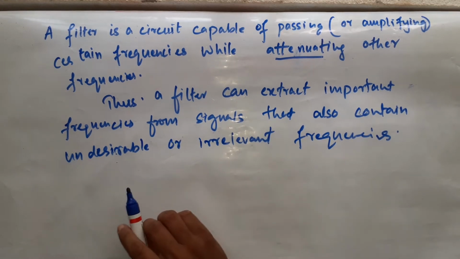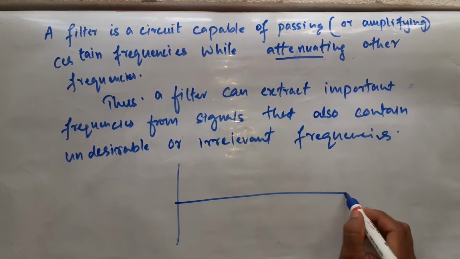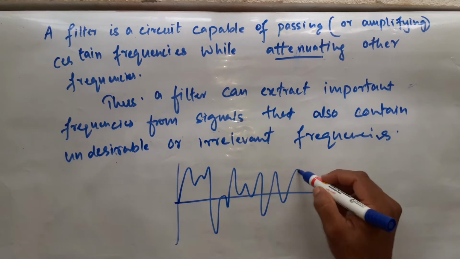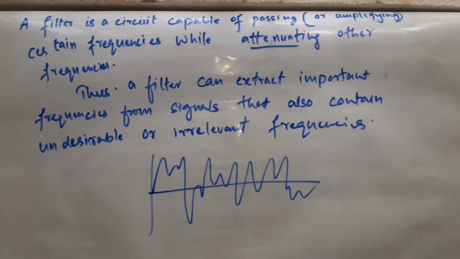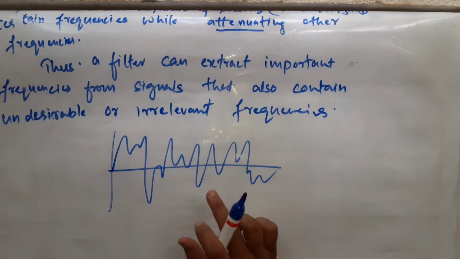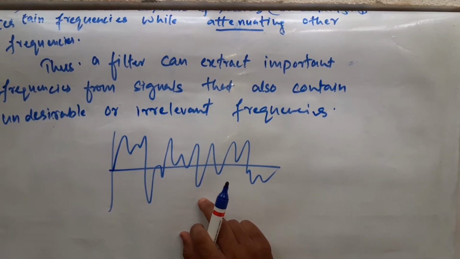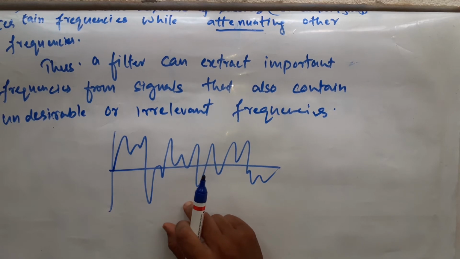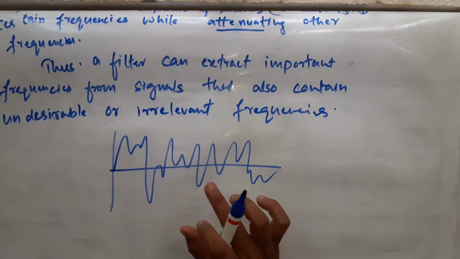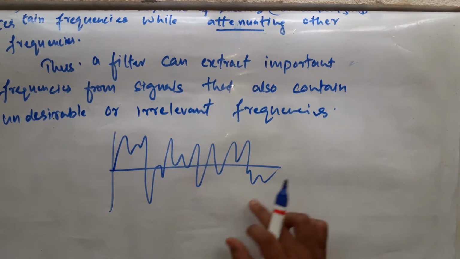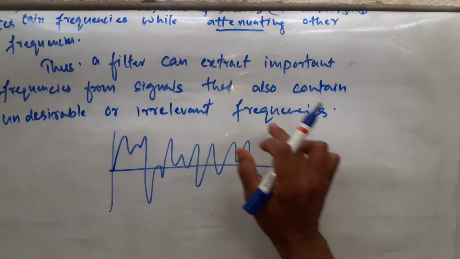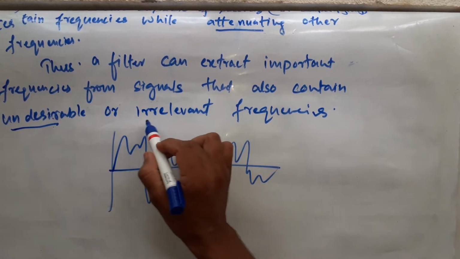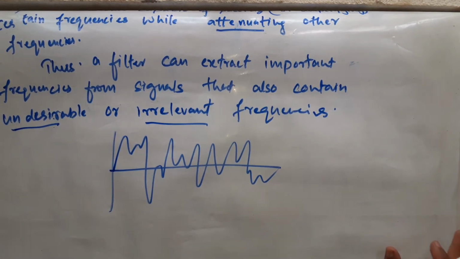Like, see here, this is the signal, something like this. This is the original signal. This signal has components which are wanted and unwanted, meaning it has some important part, and along with it some undesirable and irrelevant part.